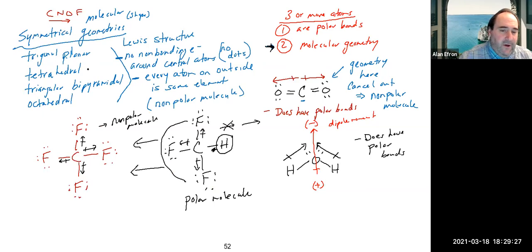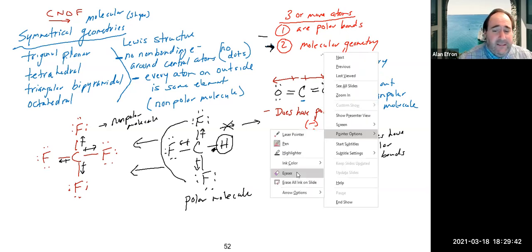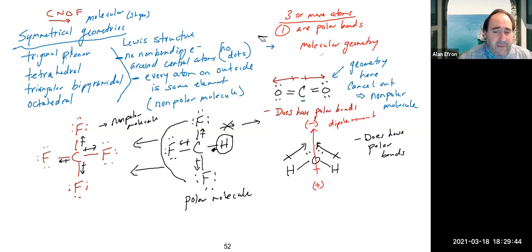And those guys are actually some of our expanded octets. So we have a couple of expanded octets that will fall into this category as well, considered symmetrical geometries, even though they have dots on their central atom.